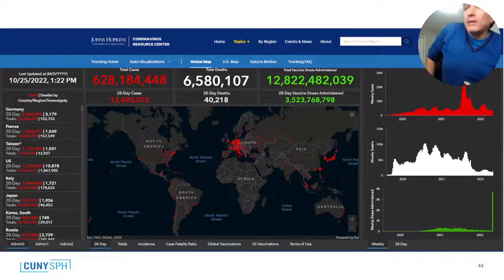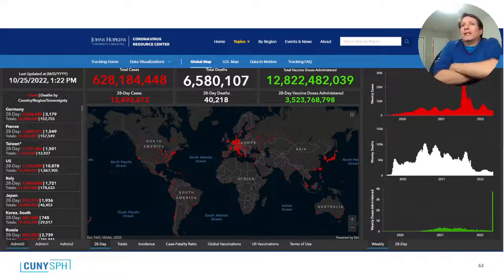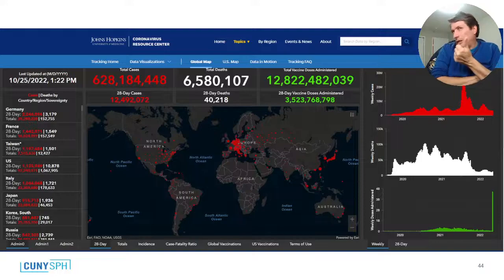In this case, red doesn't necessarily mean bad, or green necessarily good, even though there is kind of an implication, because being vaccinated is good and being sick is bad.